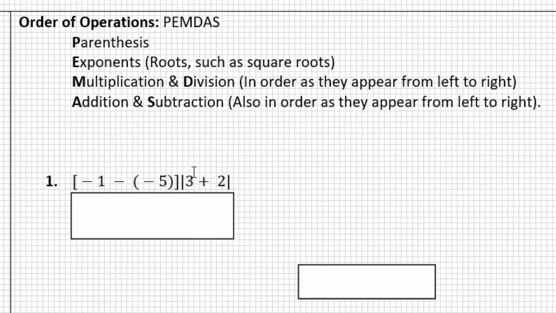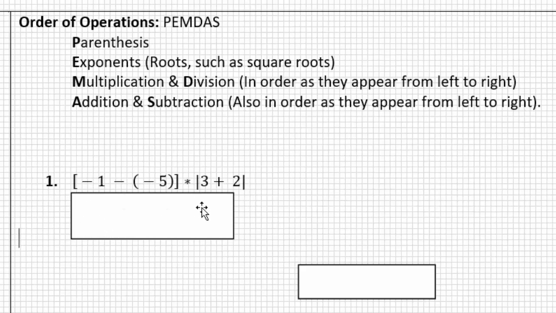And then we have the straight bars, so that means we're finding the absolute value of 3 plus 2, and there's a hidden operation right there. When you write 2 parentheses next to each other and there's no operation in between them, that means to multiply, so it might be helpful to write that in. So that's actually a multiplication problem.